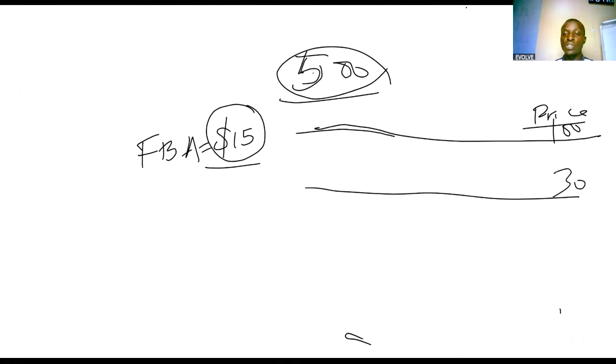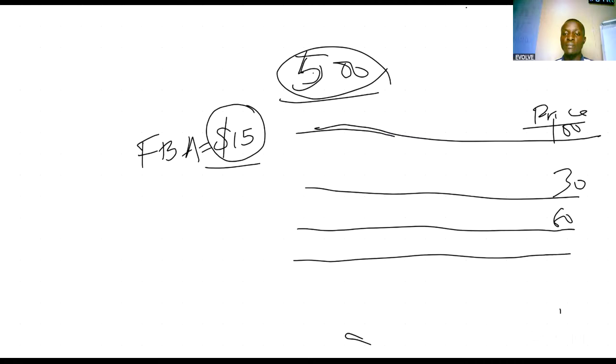Then the third position, it will buy for 60. Then the next position, it is going to buy for 120. This is going to be the sixth margin call. It is going to buy for 240.